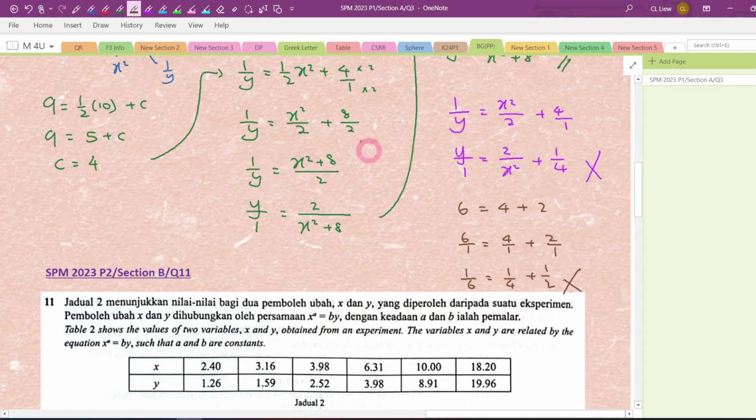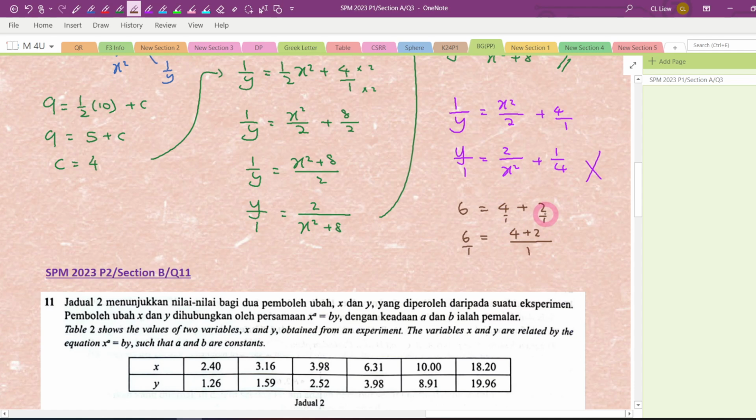This is not correct. But if you do it this way, now you combine these two together, you become 6 over 1 is equal to 4 over 1 plus 2 over 1, right? You can combine them together, become like this. It's actually the same thing, because 4 over 1 and 2 over 1 have the same denominator.